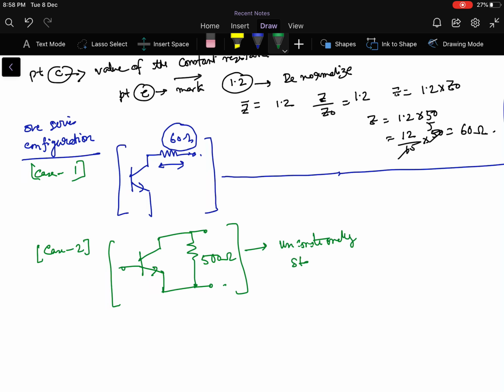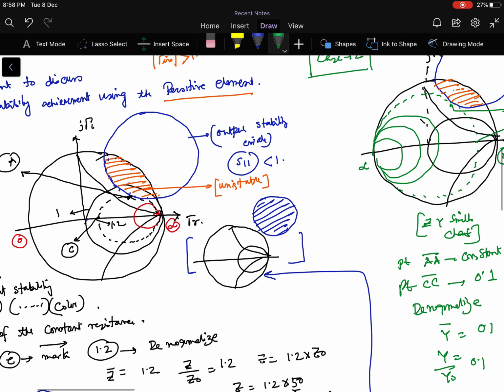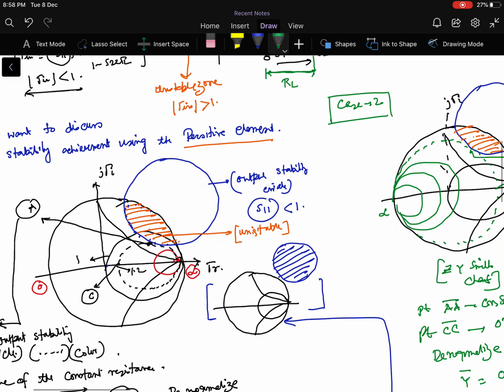That is the importance of connecting the resistance at a suitable place. You might have noticed in the lab that sometimes we add a small resistance, and that is nothing but a stabilizing network. Sometimes we add a small RC connection, in series as well as in parallel.